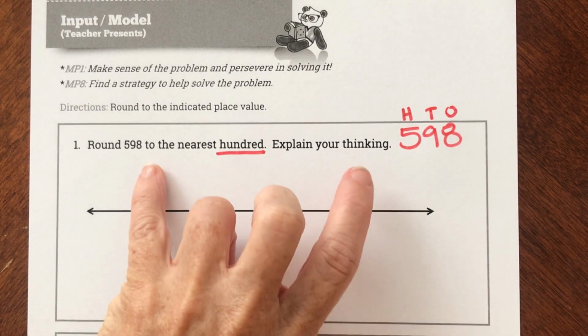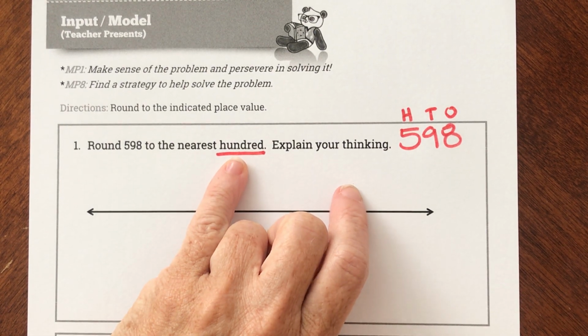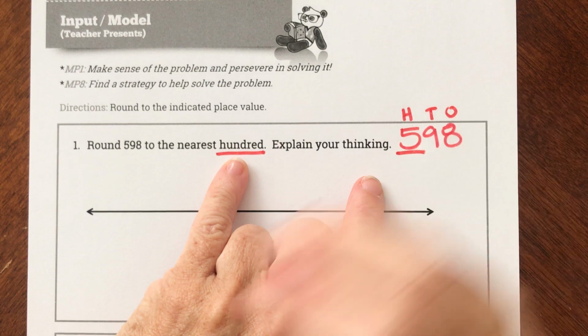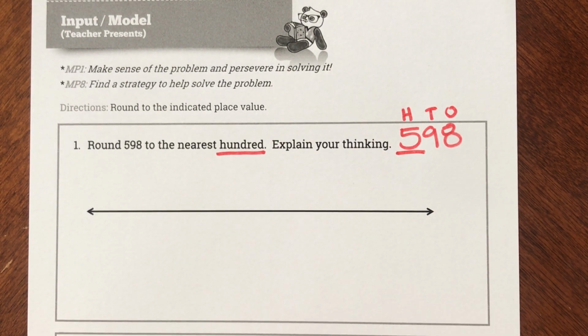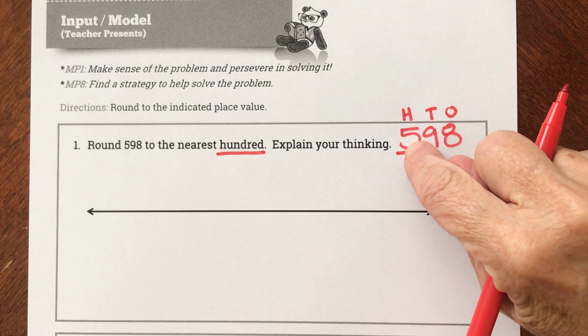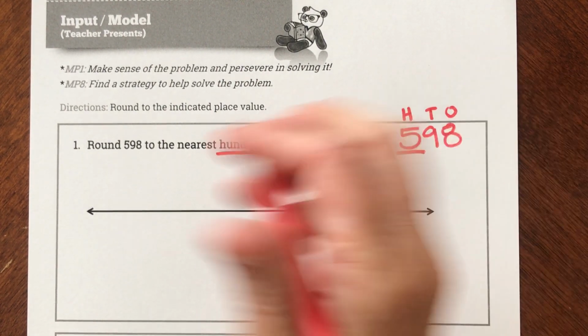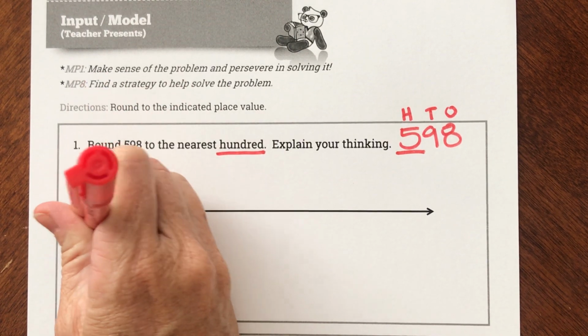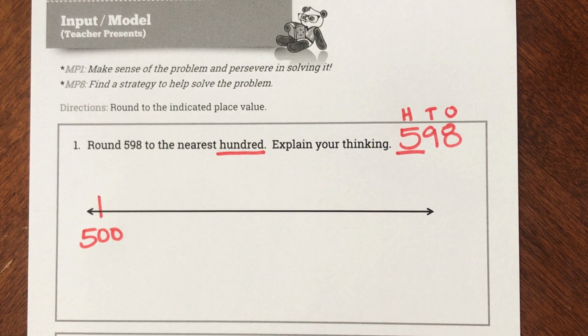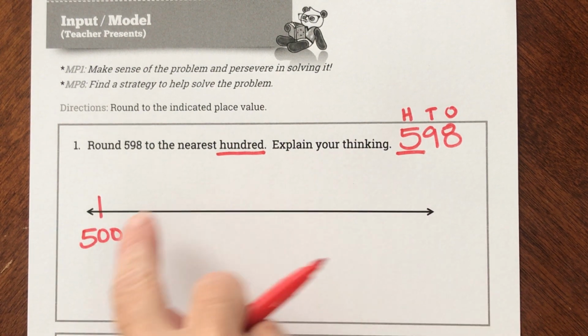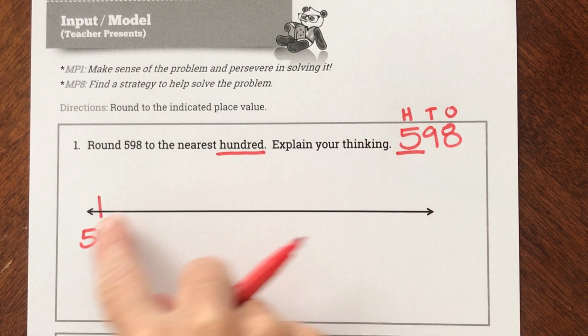Okay, they want me to round it to the nearest 100, which means I'm going to underline the digit in the hundreds place. Okay, that is worth 500. That's what that's worth, 500. So I'm going to write 500. Okay, one more 100, because I want to go to the next one.